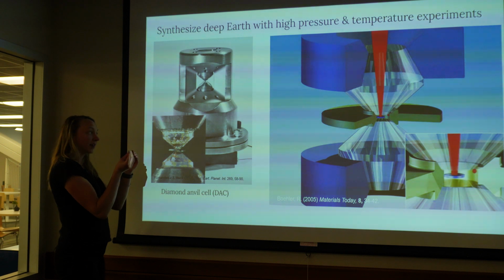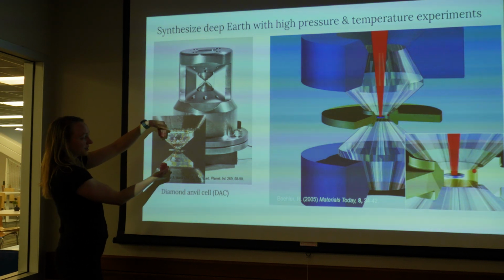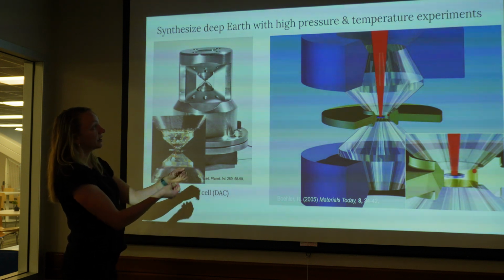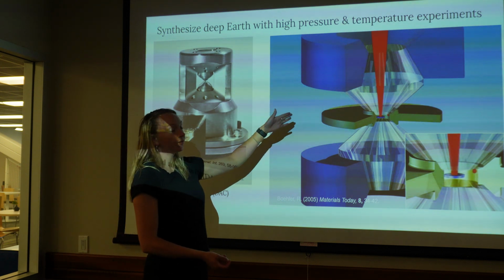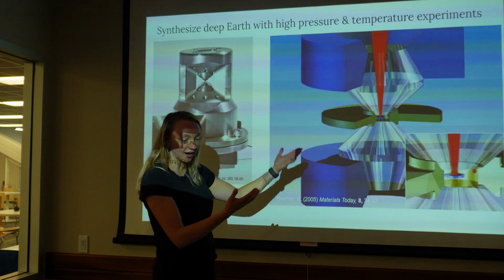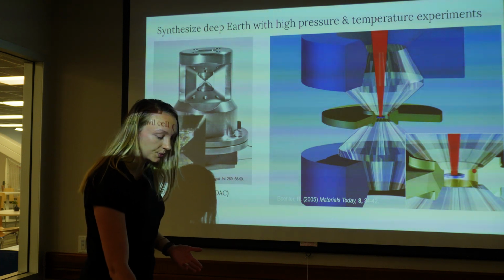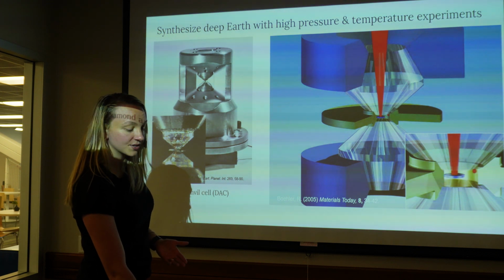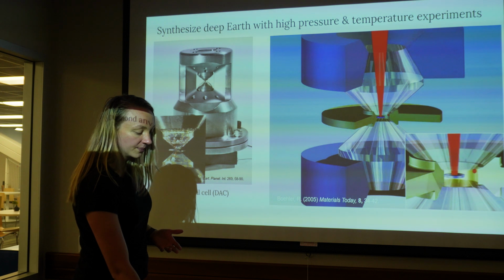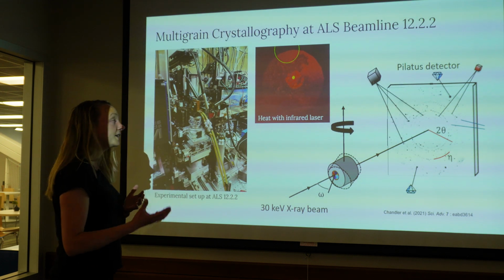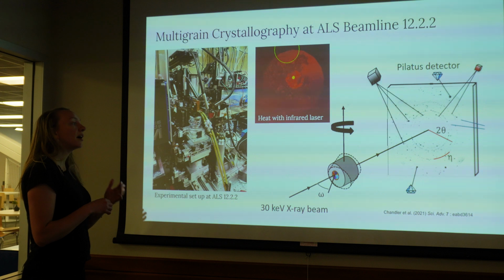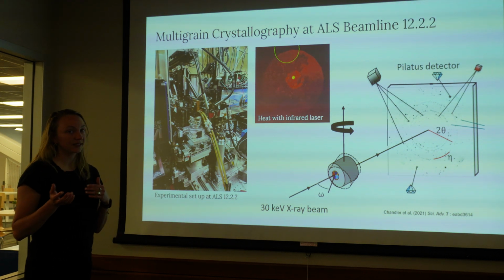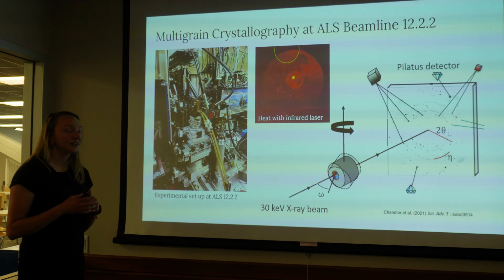I use a couple grains, and we push the diamonds together to generate very high pressures, and then we heat it with an infrared laser, and then we diffract it with a synchrotron X-ray beam to see how the crystal structure changes as we stress it, as we increase the pressure. This research, where I study how these minerals behave under stress, is done at the ALS, the Advanced Light Source, the synchrotron at Lawrence Berkeley National Lab.